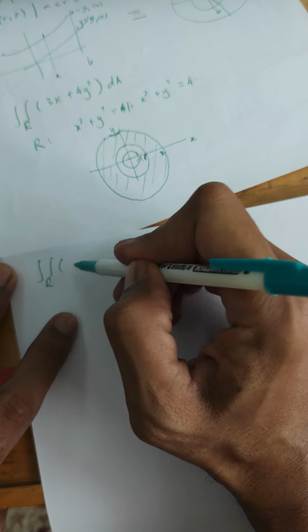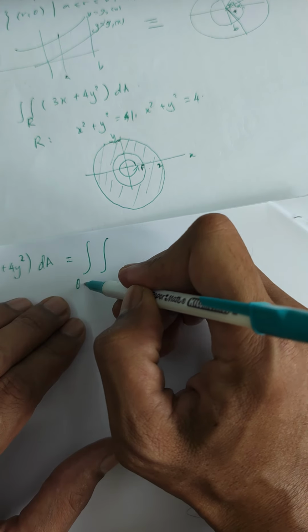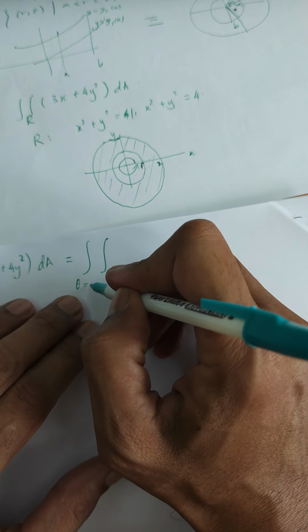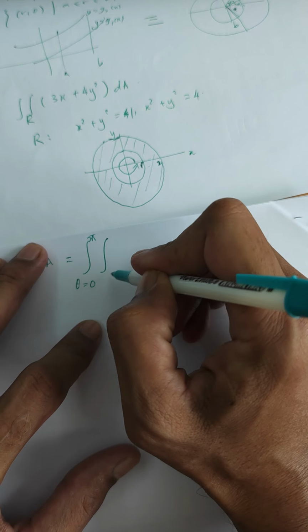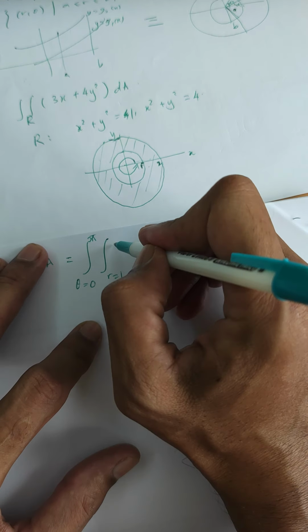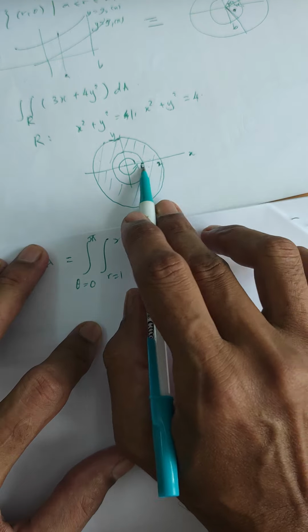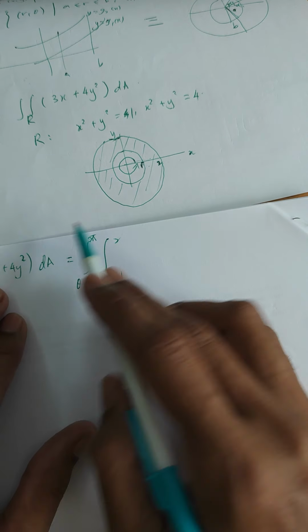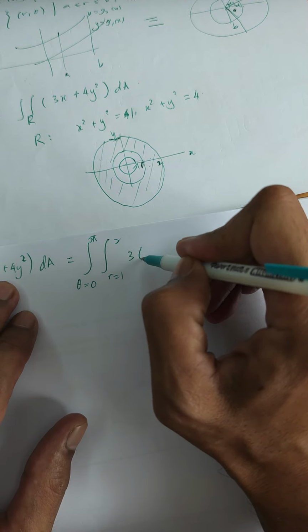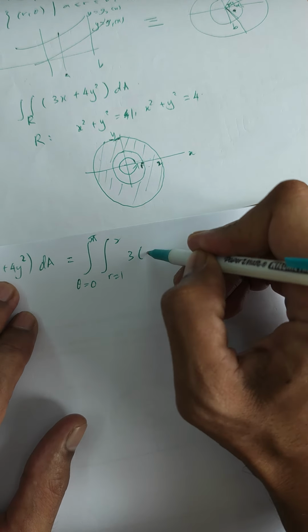If you consider theta as the outer integral, then theta goes from 0 to 2 pi, r from 1 to 2, and our function now has 3x, where x is r cos theta, plus 4y squared, which is 4r squared sine squared theta, d theta.